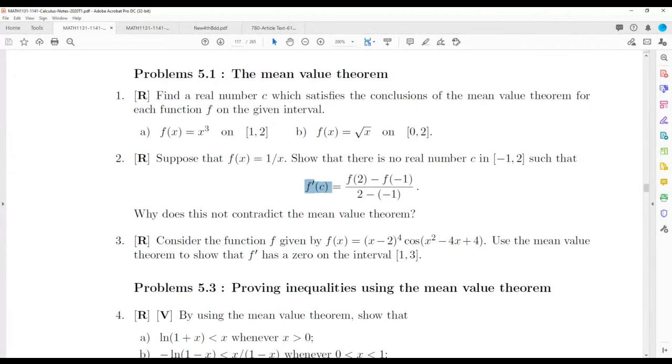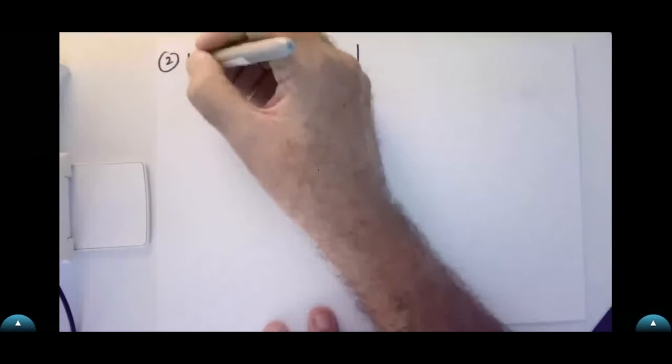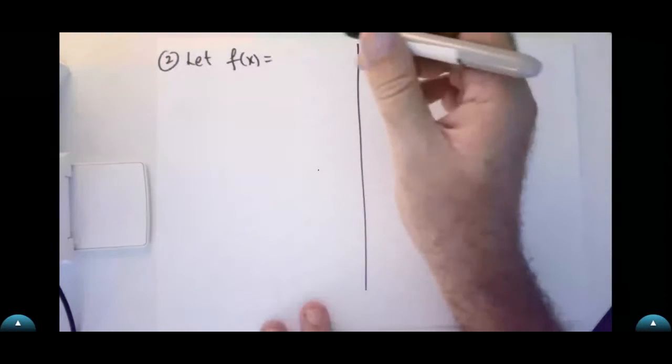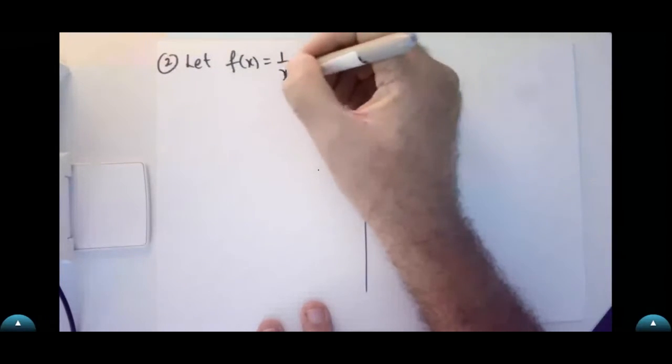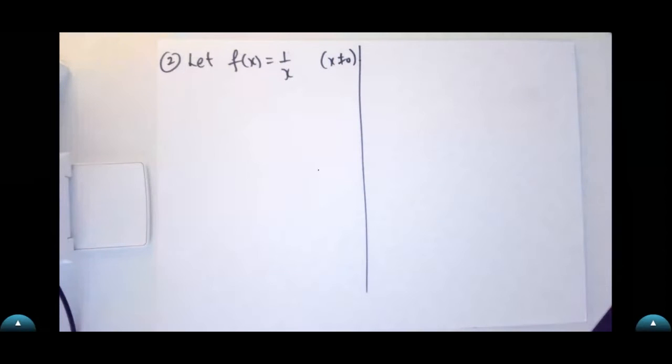Okay. All right. So let me go back to my document camera. Okay. So this is now question 2. So let f of x be 1 on x. And of course, x can't be 0 here. Okay.